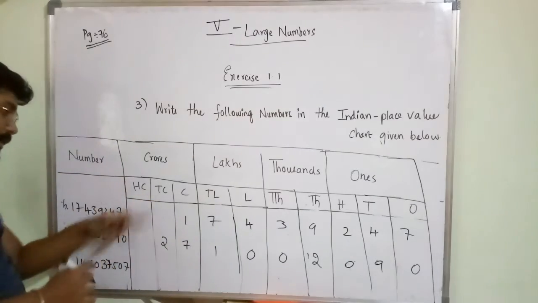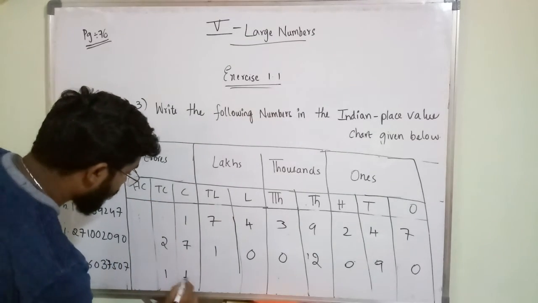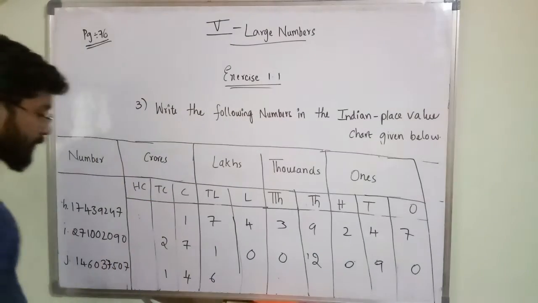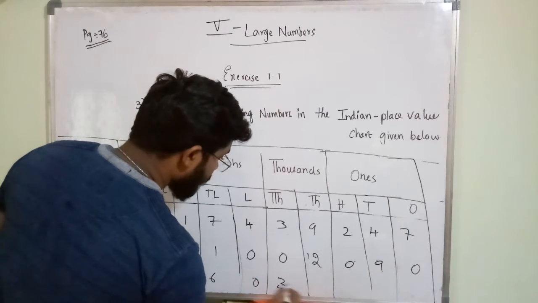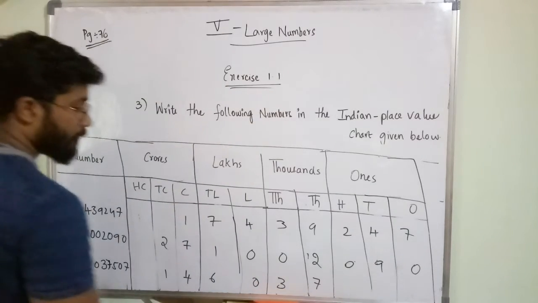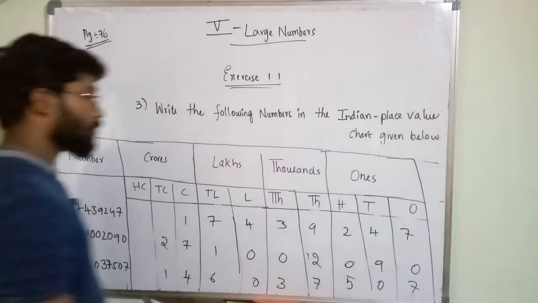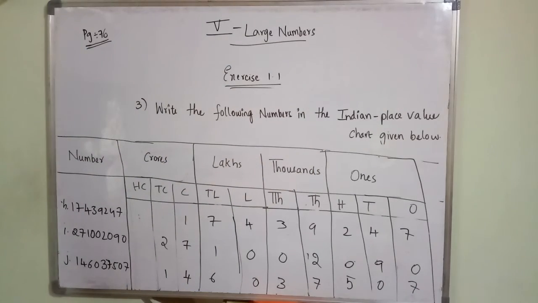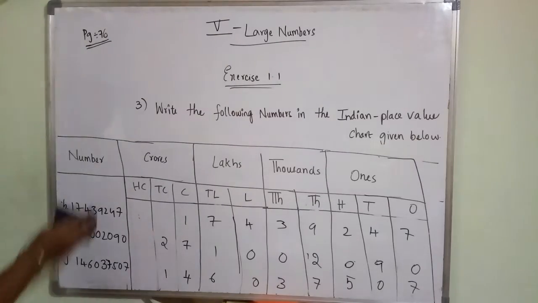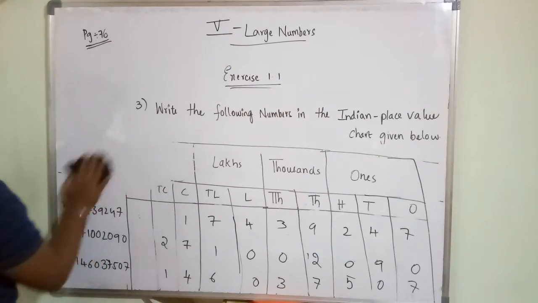So you have to again start from 10 crore. Writing 146 037 507. So like that you have to start counting and you have to write. Okay, so this bit is completed. Next we will see what? Fourth bit.